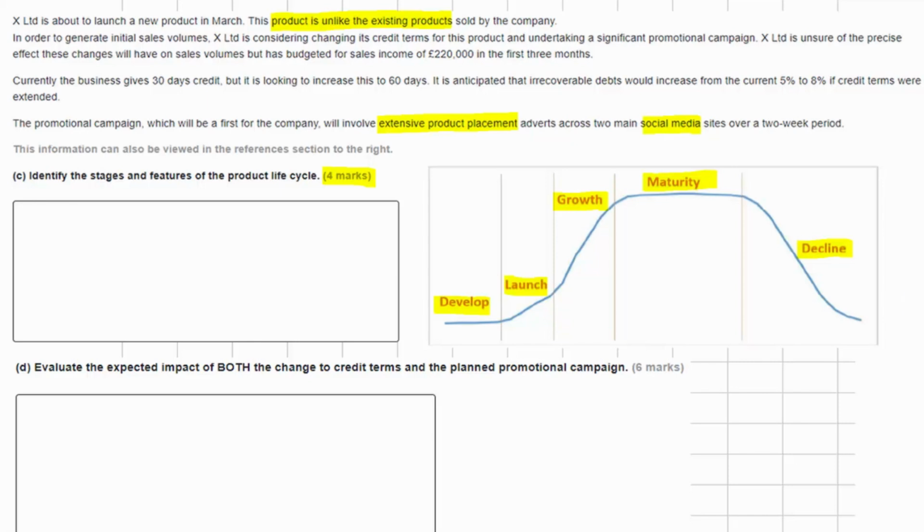It could be that we've already started the development and launch for a replacement product, and that's the idea of our product life cycle, that we want to have multiple products all at different stages of the life cycle, so that any products at maturity generating lots of cash are helping to pay for the development, and when something goes into decline, we're ready to launch our replacement. So if we can coordinate our products using this life cycle, then we'll always be in a good position for replacing our products.